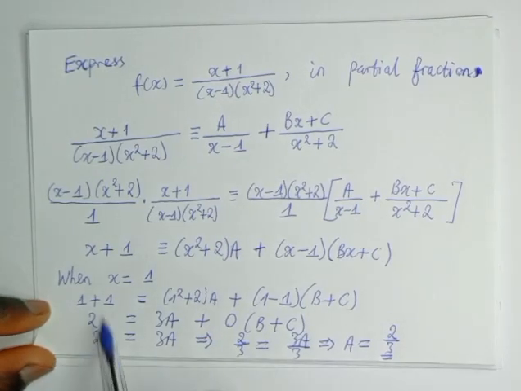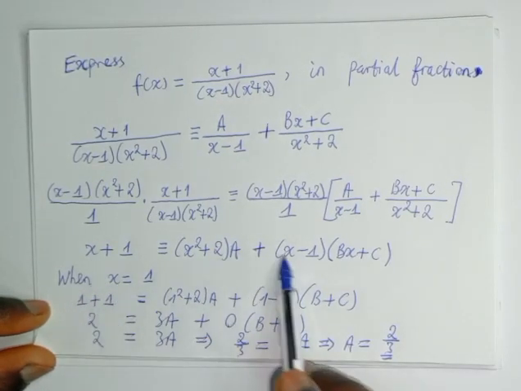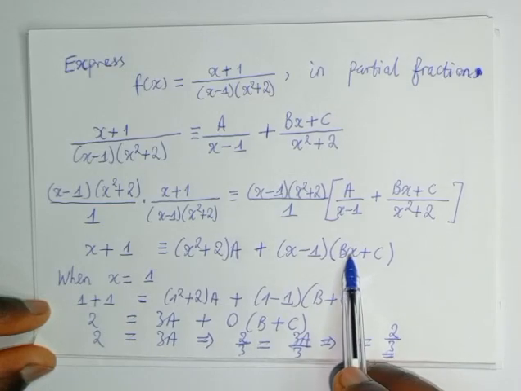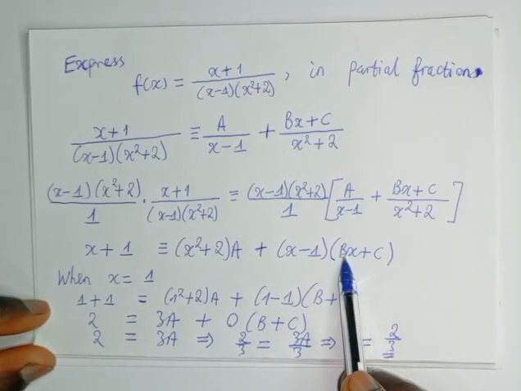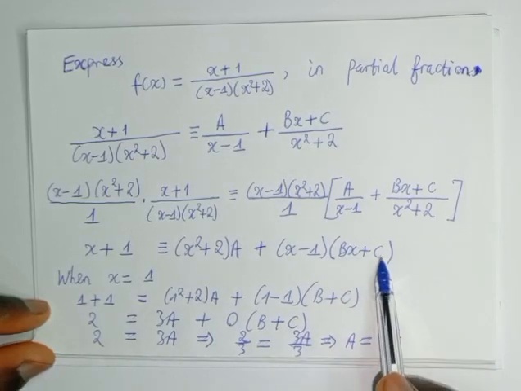Now the next step, we are going to put x as 0. When x is 0, you'll see that this term will disappear, and we can easily find c since we know the value of a.